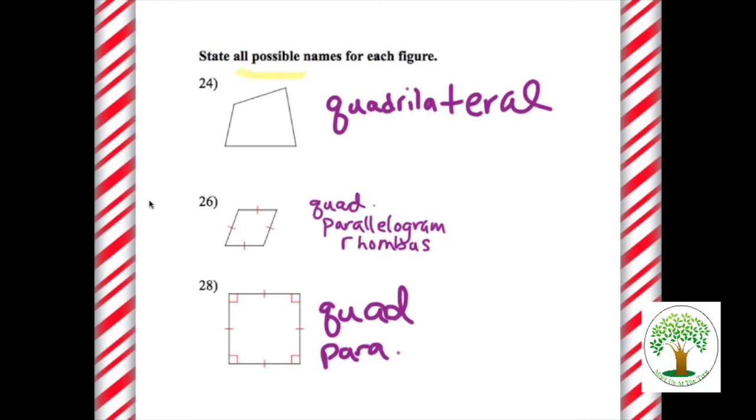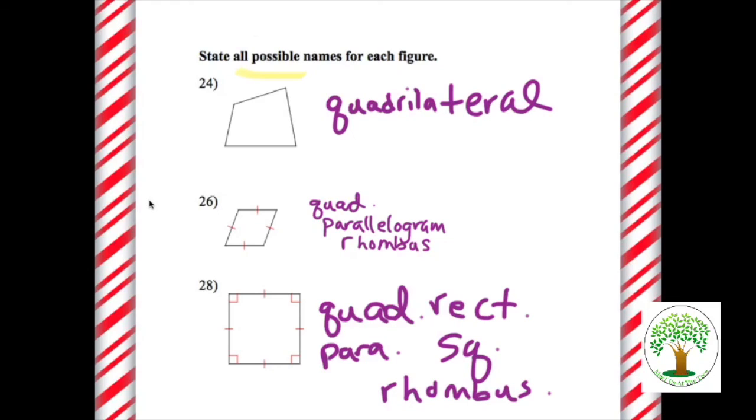It's everything. I'm going to redo that one because I started backwards. It's a quadrilateral, rectangle, parallelogram, square, and rhombus.